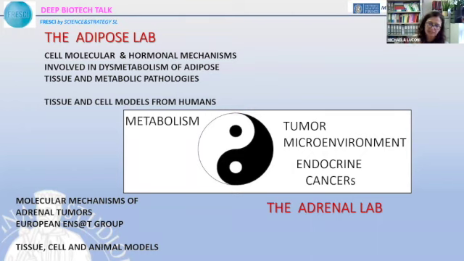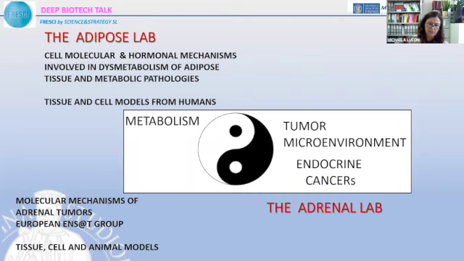It seems two different issues, the adipose and the adrenal one, but they are not. When you think about the microenvironment where the tumor develops, in particular the adrenal develops in a microenvironment composed of a thick fat pad. So the adipose tissue can locally interact and modulate the development and progression of the tumor, because the adrenal gland is surrounded by a fat pad, but also at a distance.